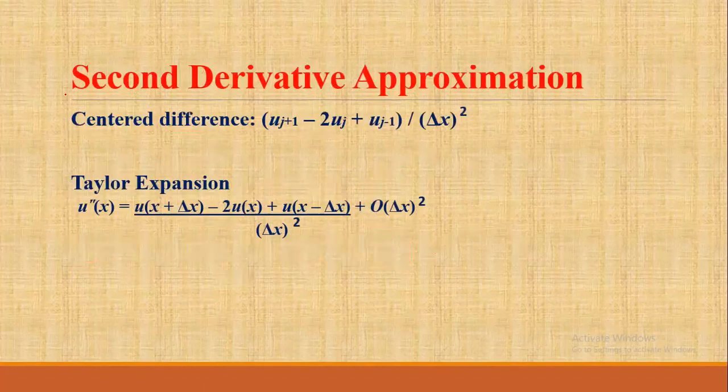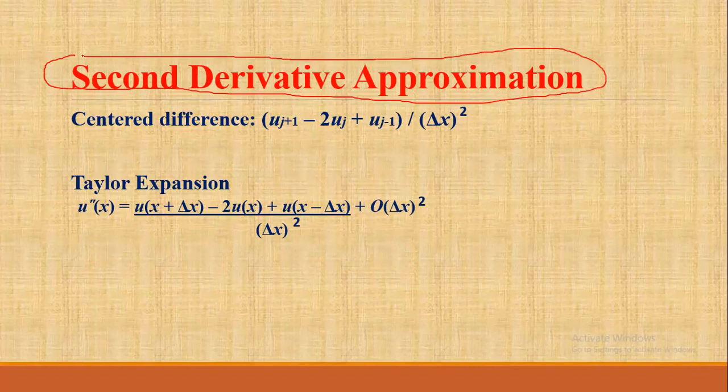Similarly, if we use the second order derivative approximation, then the central difference we write (u_{j+1} - 2u_j + u_{j-1}) divided by delta x squared.